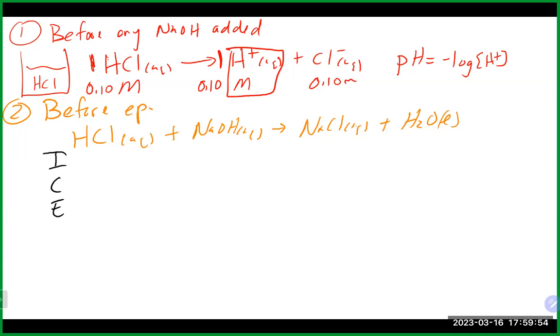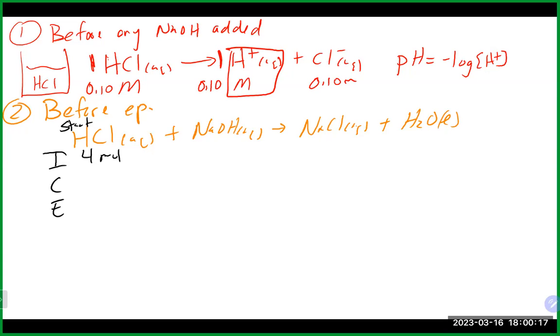That means we should do this in moles. So once again, I'm going to make up this number. I'm going to say that we started with 4 moles of HCl. Again, I just made up the number for future reference.